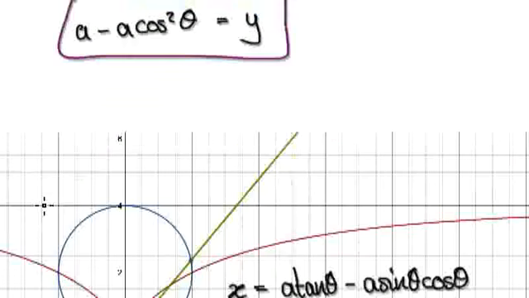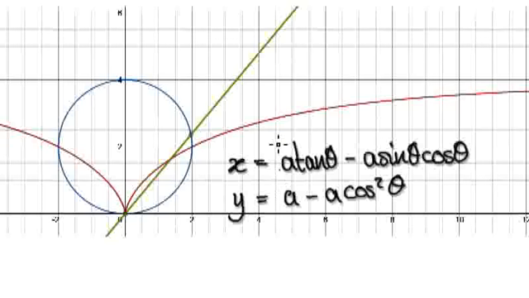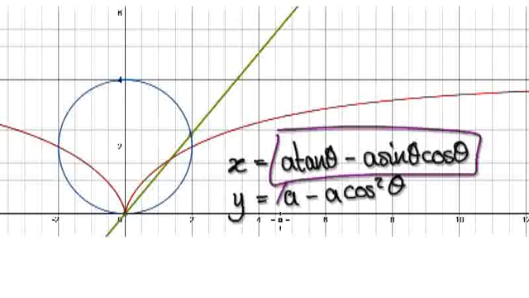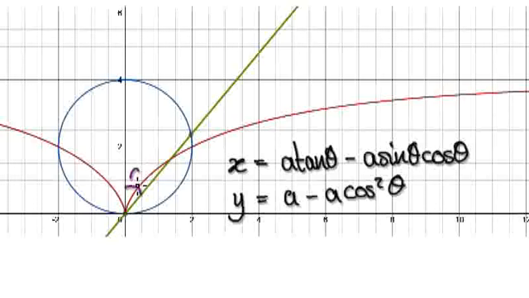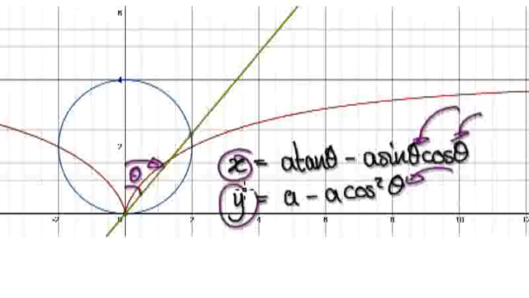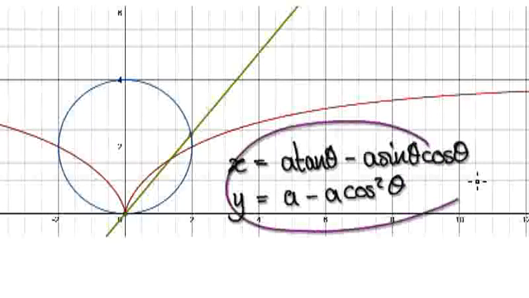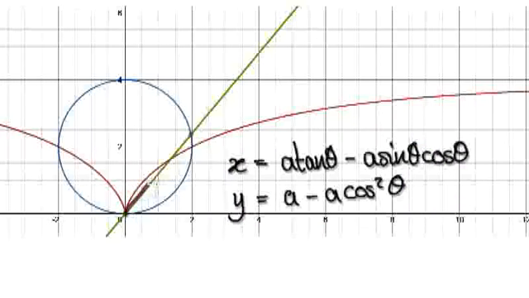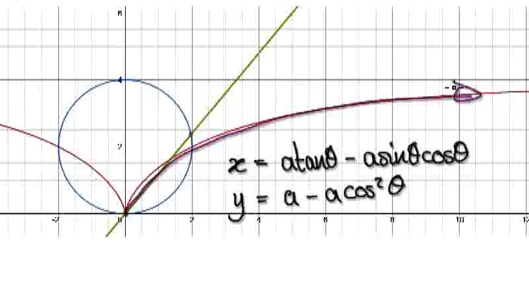So now if you punch this into your graphics calculator, x is given by this, and y is given by this. So as you increase theta, you have a way of working out x and y. If you punch this into your graphics calculator, you will get this path here.